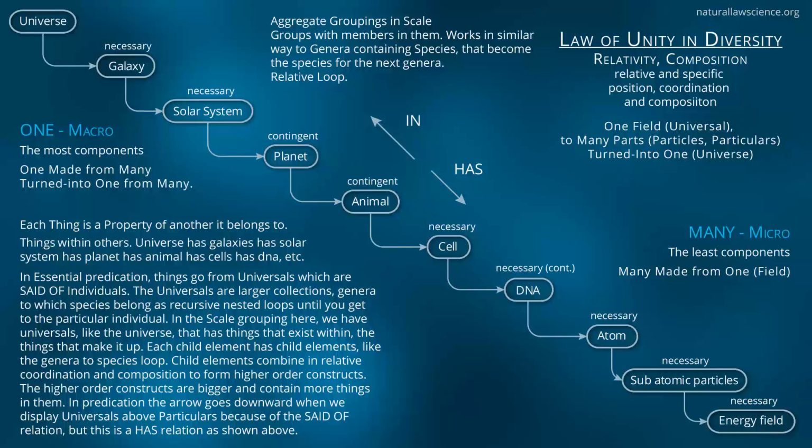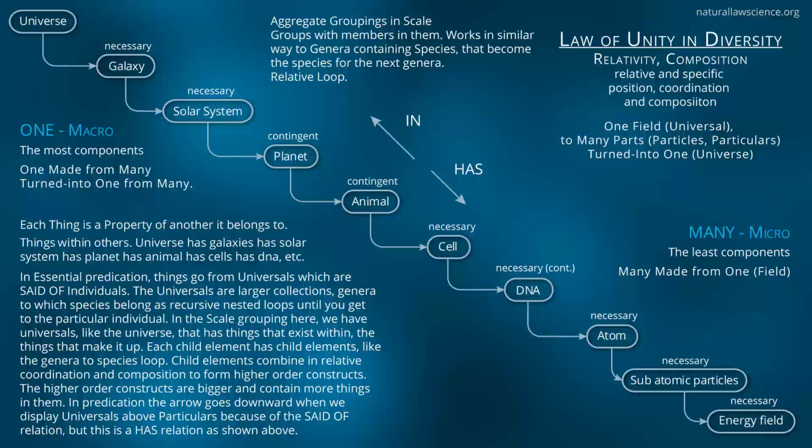So this isn't, I don't know what to call it. The scale of the universe. There you go. So it's a scale of groupings. After animals, you have the groupings. So that's why I have at the top here aggregate groupings in scale. Groups with members in them.